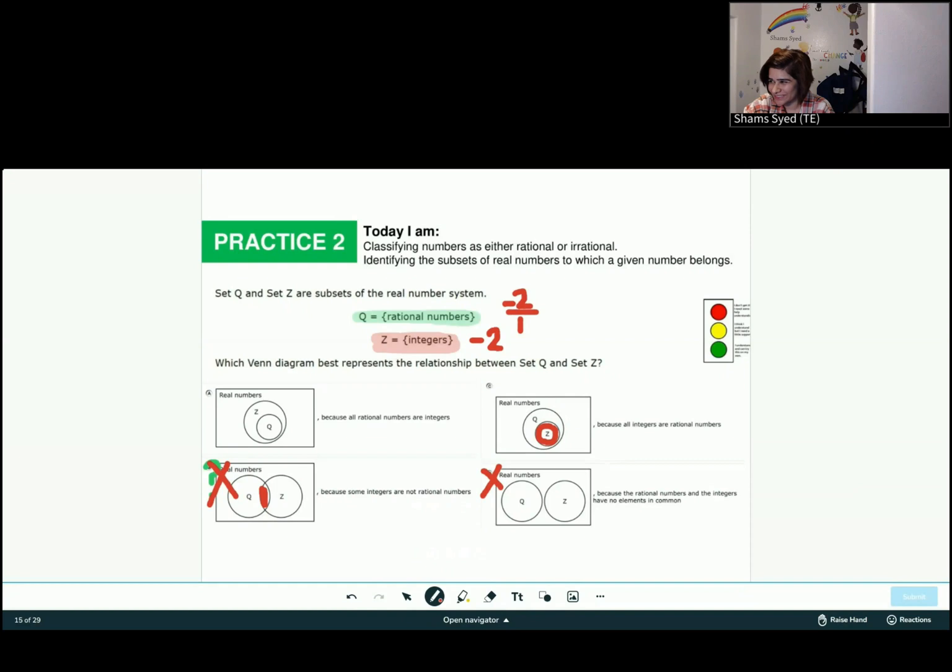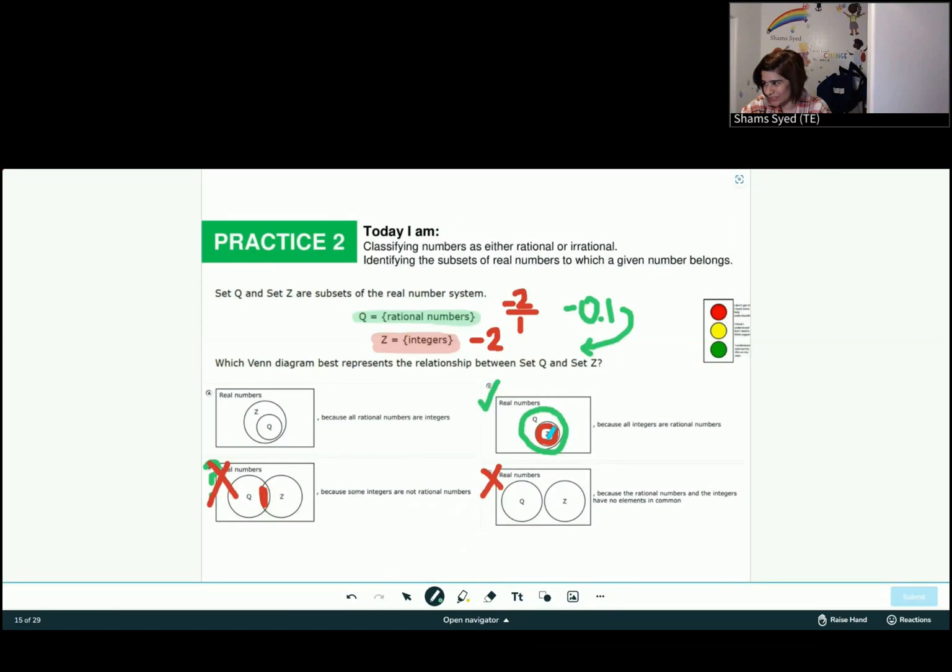Huria, right? But not all rational numbers are integers, for example, -0.1. This is not an integer. So rationals are not all integers. So rationals is the bigger circle, and it does include integers, right?